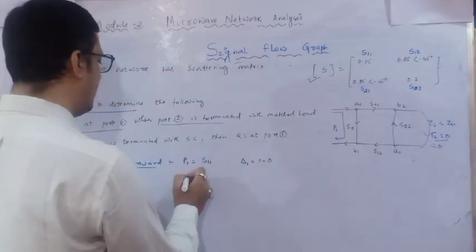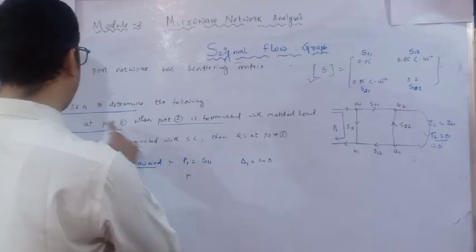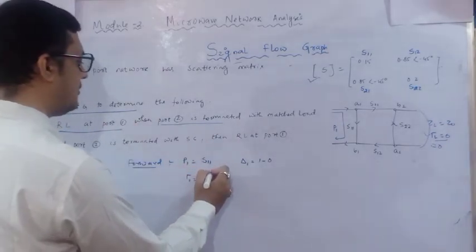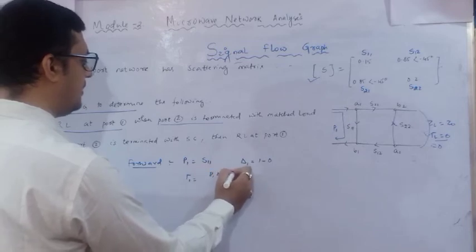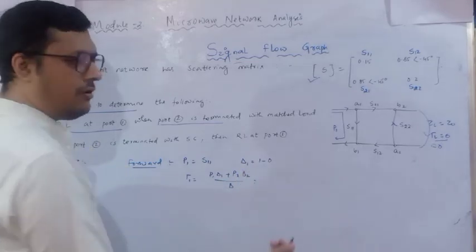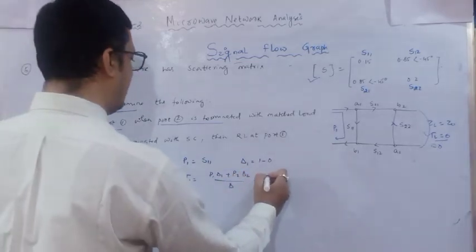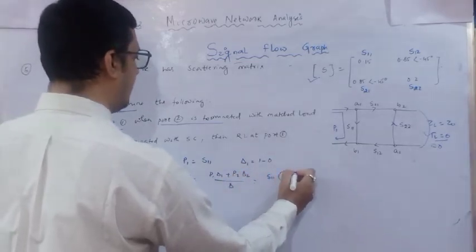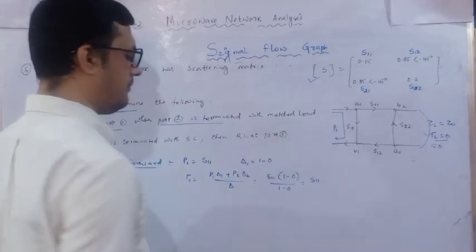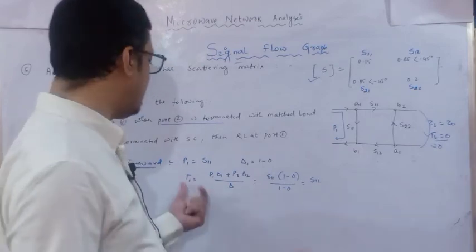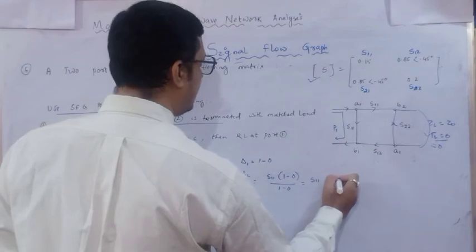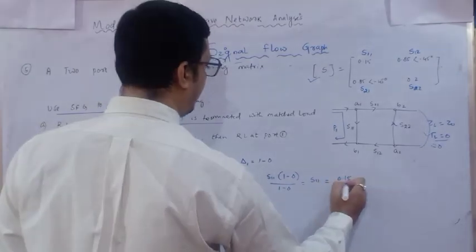Okay. Now if I want to determine the reflection coefficient at port 1, eta 1, it is P1 del 1 plus P2 del 2 divided by del. There is no second path, so we will have only S11 times 1 minus 0 divided by 1 minus 0. So the reflection coefficient eta 1 is S11. Now what is S11? S11 is 0.15.